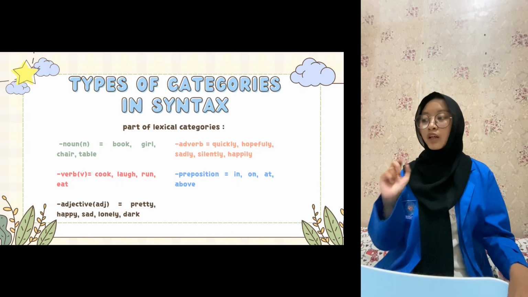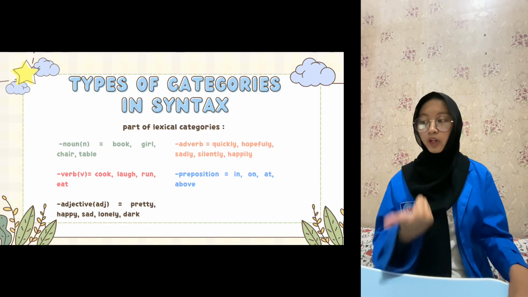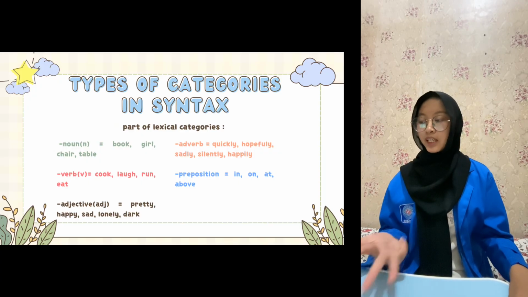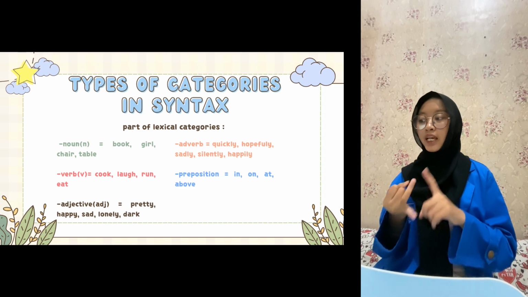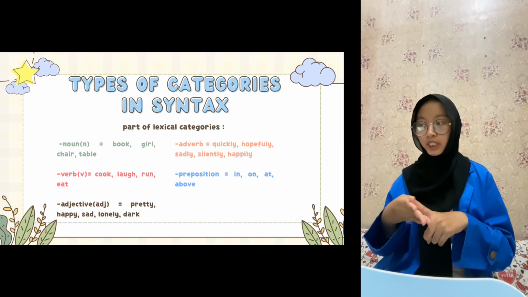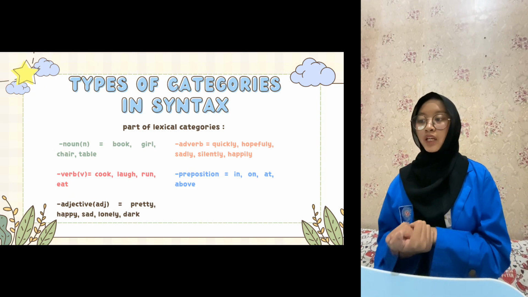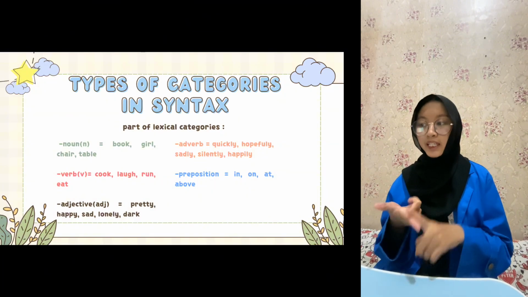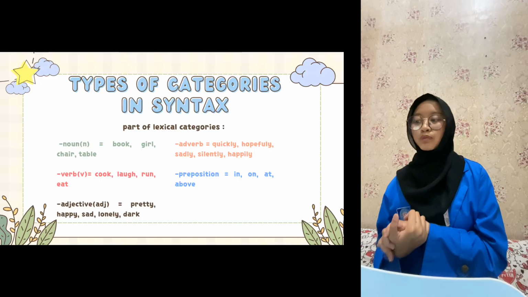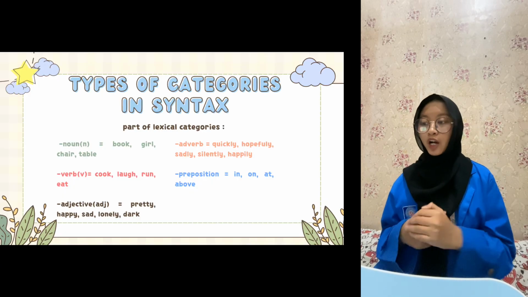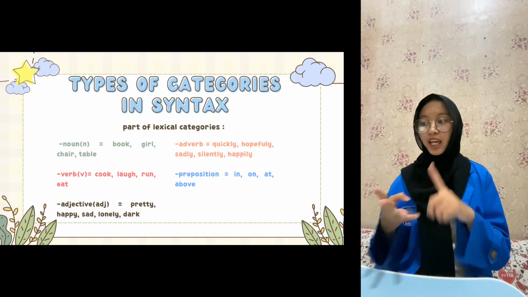For verb, the examples are cook, laugh, run, and eat. For adjective, the examples are pretty, happy, sad, lonely, and dark. For adverb, there's quickly, hopefully, sadly, silently, and happily. And last but not least, there's preposition, and the examples are in, on, at, and above.